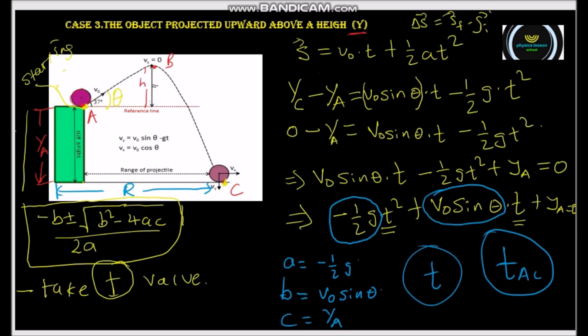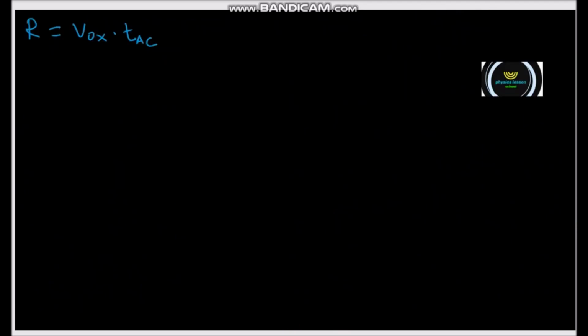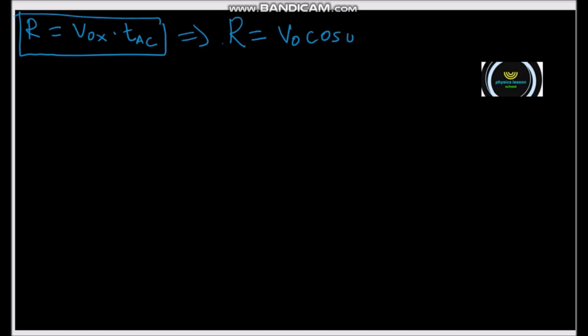Take the positive value, and we can find the range by V naught times the time. This can be written as range is equal to V naught cos theta times time of flight.